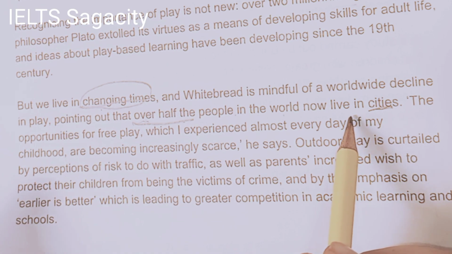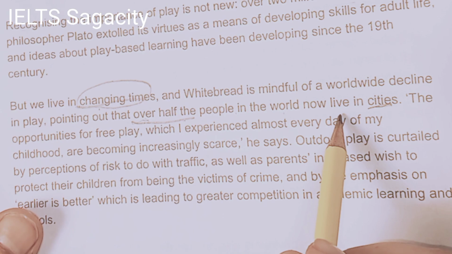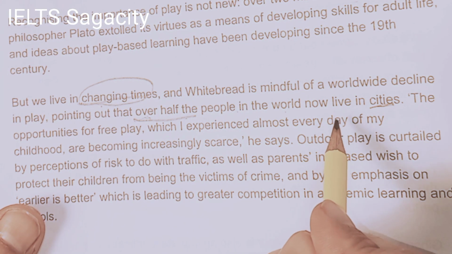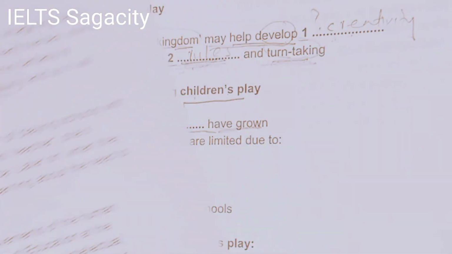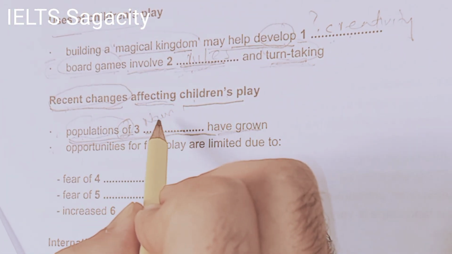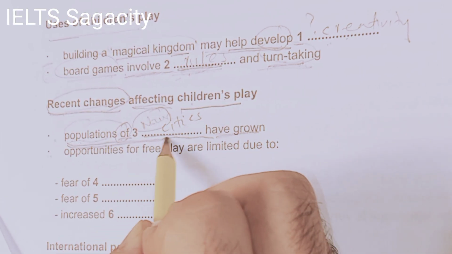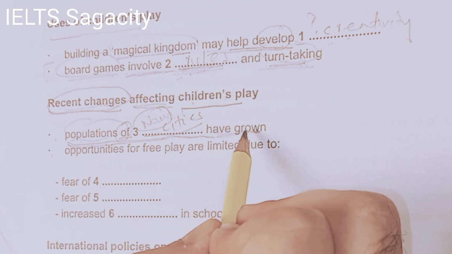That means their populations have increased or gone up. Populations of dash, of course it has to be a noun. Cities is a noun, so populations of cities have grown.